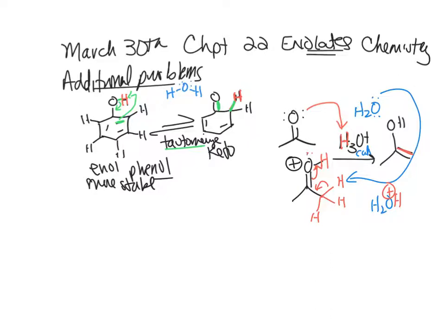Okay, so then you have 1, 2, now you have 1, 2, 3, 4. So you see how it's an intermolecular mechanism where you have some water and acid protonating, deprotonating. But I like just to do it like this to show that the hydrogen goes over here and then that double bond forms the new carbonyl.